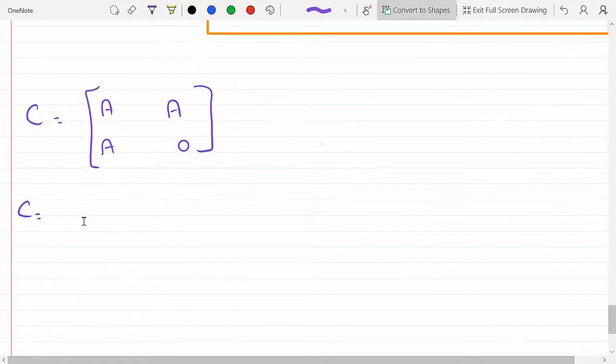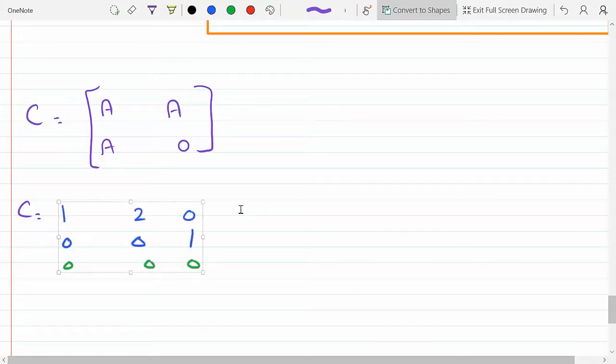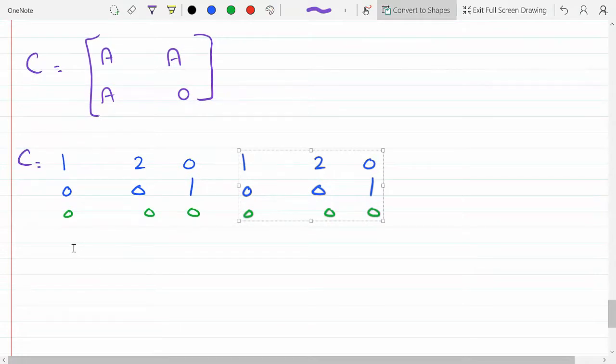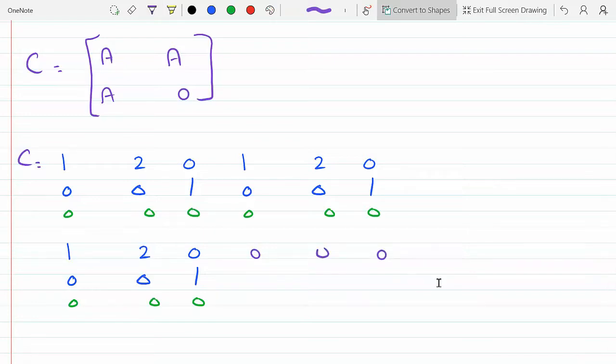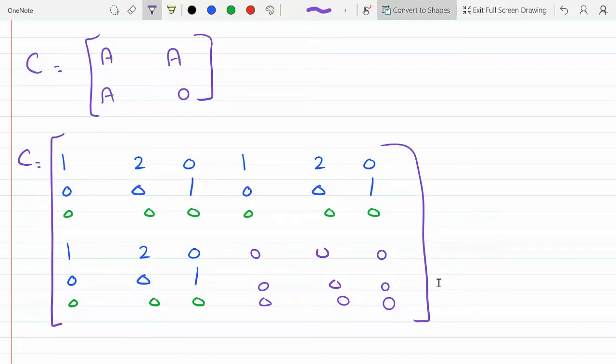I still have A copied, so this is A, and next to it I have another A, and below it I have another A, and here I will get zeros. 0 0 0, 0 0 0 0, 0 0 0. So this is matrix C.